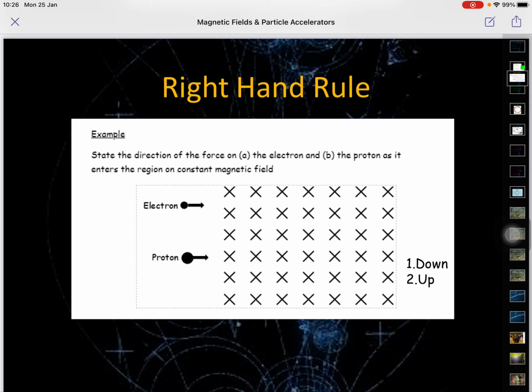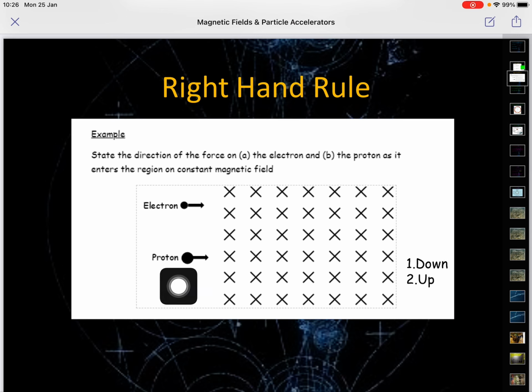But what should happen, if you've managed to follow that, is that your thumb ends up pointing down. So your first finger's in the page, your second finger is going to the right, and your thumb is going down. This tells us that the direction of the force experienced by the electron in this field is down.